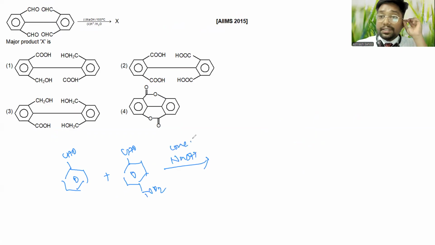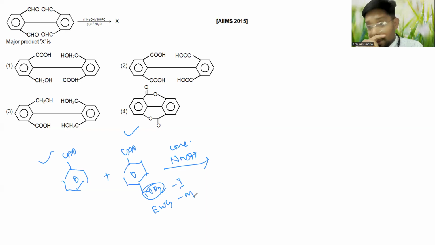Then what will happen here? Who will be oxidized, who will be reduced? Which is more reactive towards nucleophilic addition reaction? So here, both are aldehydes, but the difference is here it contains an electron withdrawing group, which is acting as a minus I group as well as a minus M group.